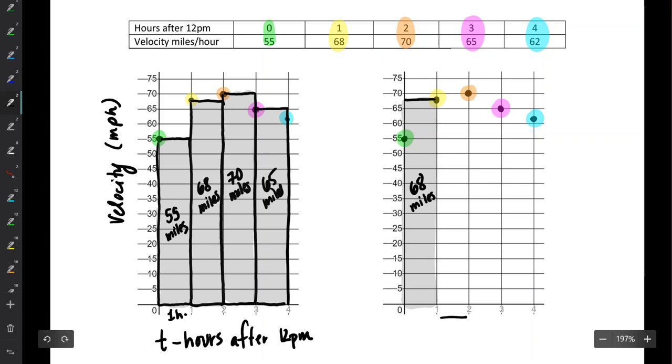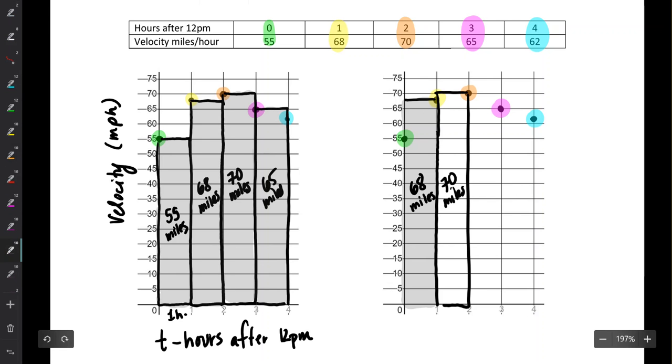I'm going to say 70 miles an hour. Let's assume I was doing 70 miles an hour for that full hour. If I make that assumption, going 70 miles an hour for a full hour, I would travel 70 miles. Again, the distance under this velocity curve is representing the distance that I have traveled.